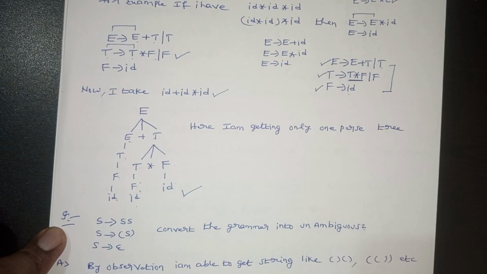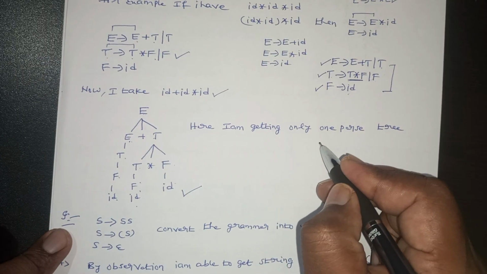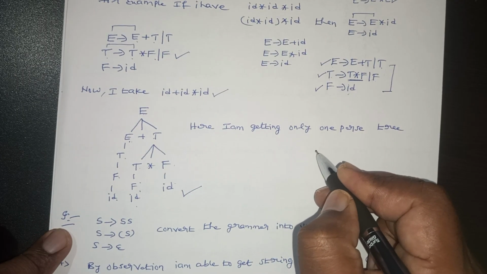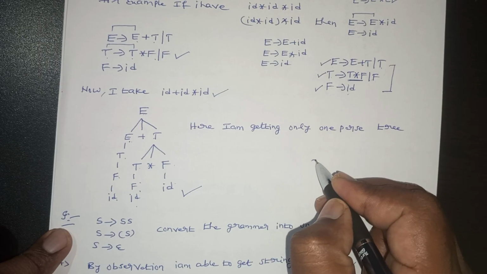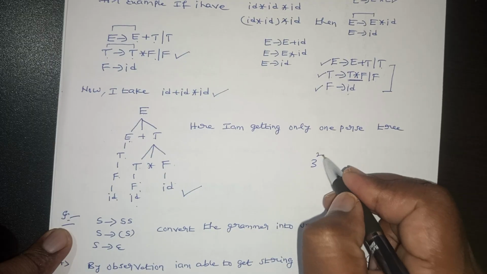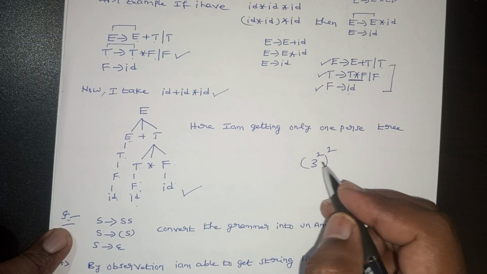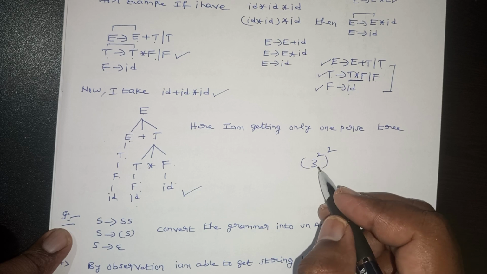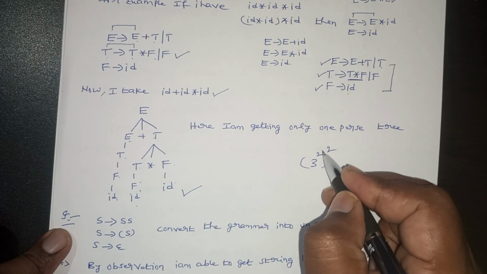For example, you may have some doubt. If I am having an operator like this, 3 square, this is what gives rise to the operator. Generally, first what you have to execute? So 2 square.